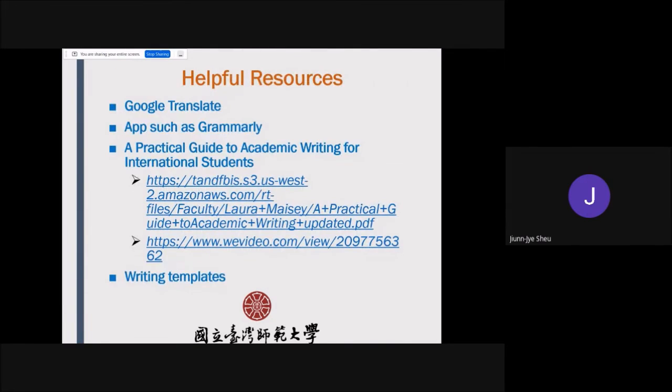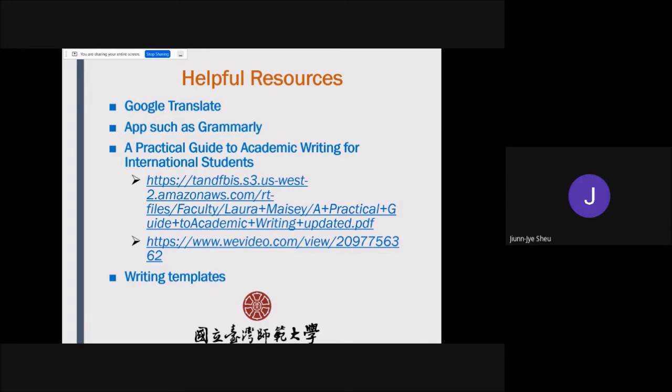And some helpful resources are Google Translate. When you have a document in Chinese or other language, when you want to translate it into English, you may use Google Translate. However, you do want to remember that Google Translate gives you some good beginning, but you do need to review and rewrite it.